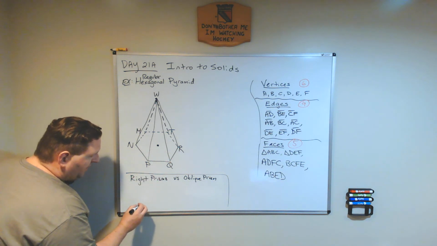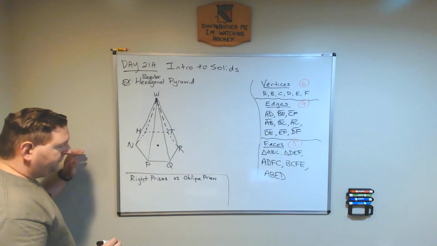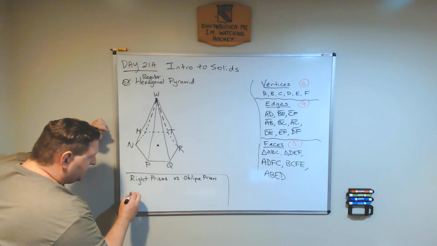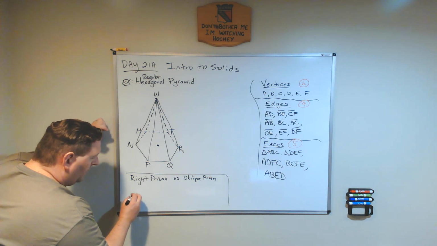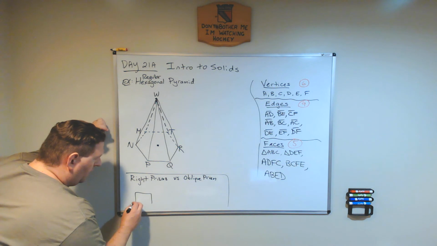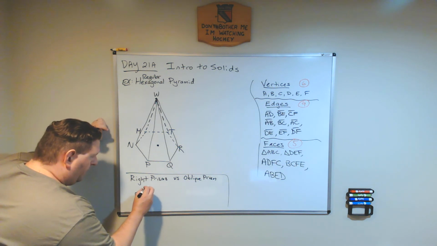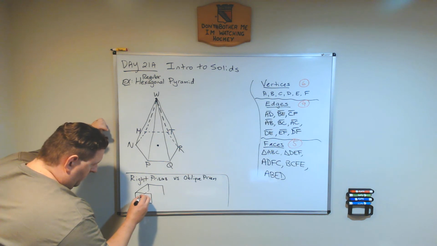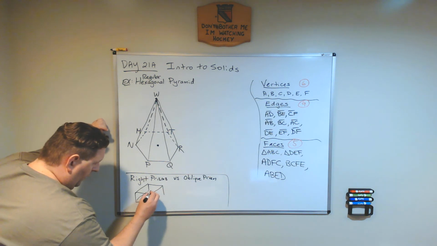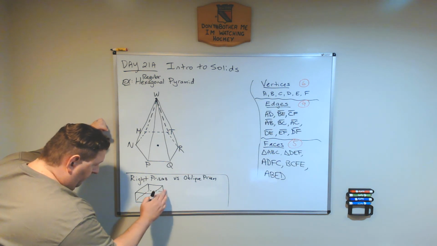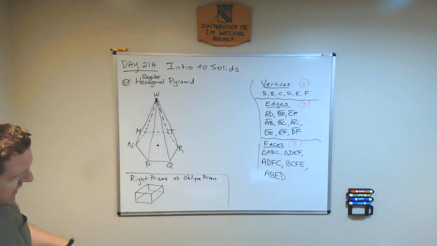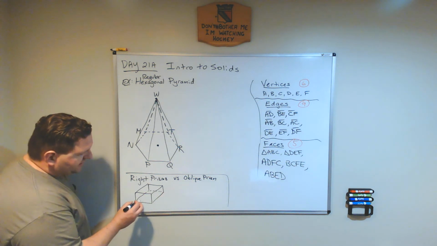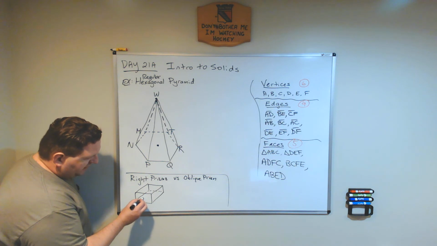So if I had a prism here, let's just say a rectangular prism. So that's a rectangular prism. These, you could say, are the bases.